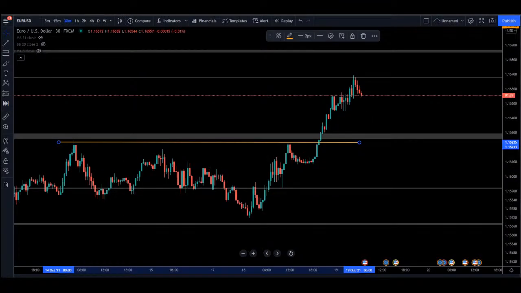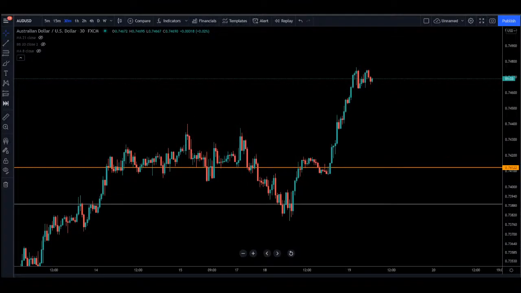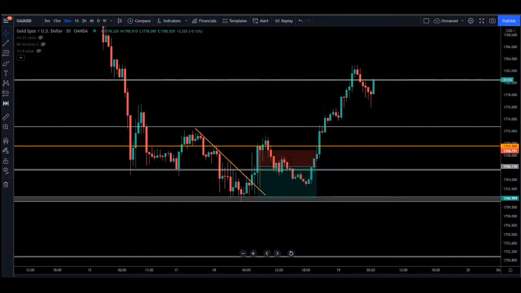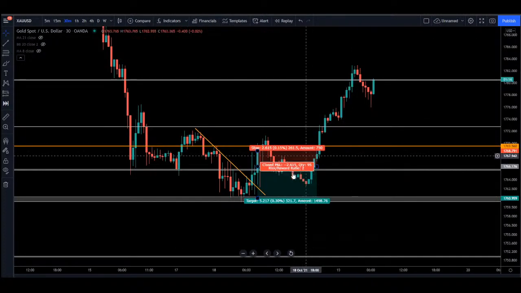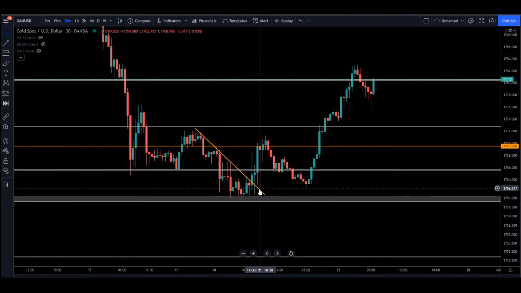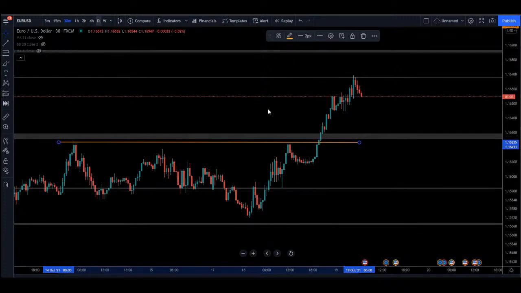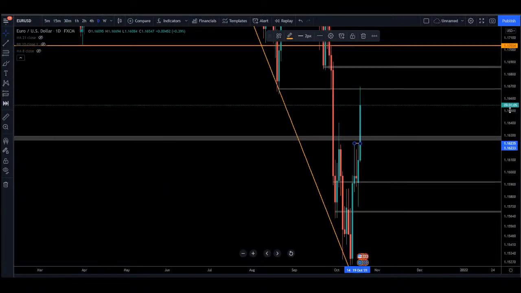I think it would be a lot easier to start from the Euro USD onward. Maybe Euro USD, AUD USD, and then we could go to USD CHF, which is pretty similar to the Euro USD, just the opposite movement. Let's leave gold as the last pair to analyze. We have to go through a top-down analysis from the daily time frame.